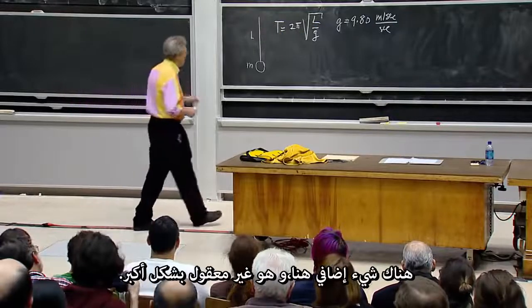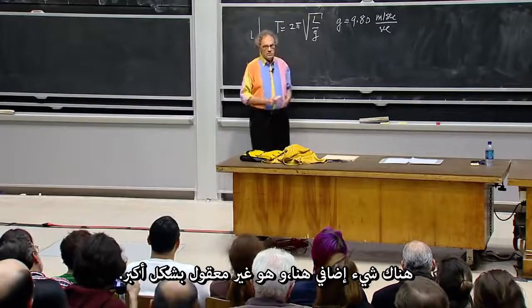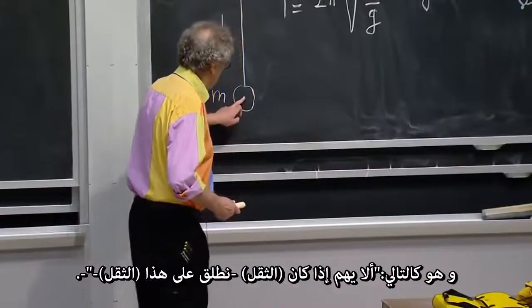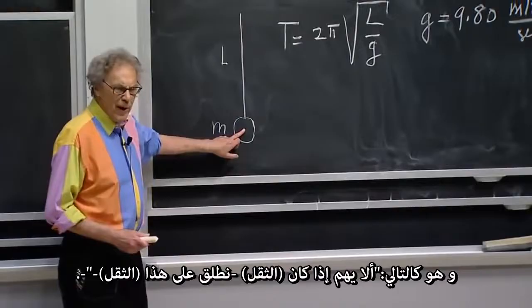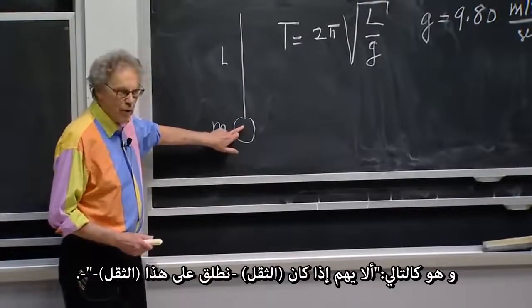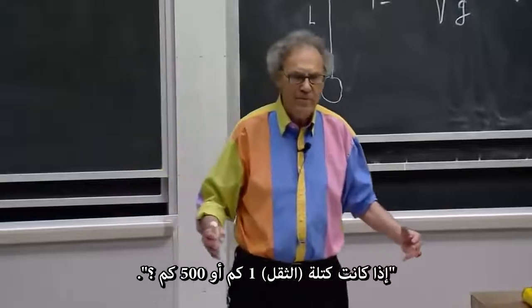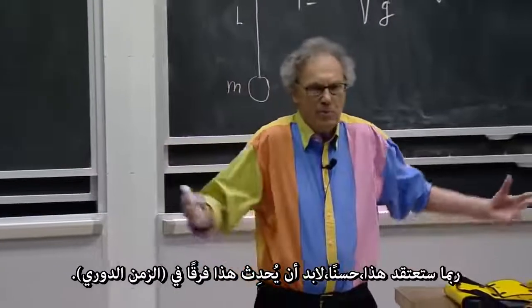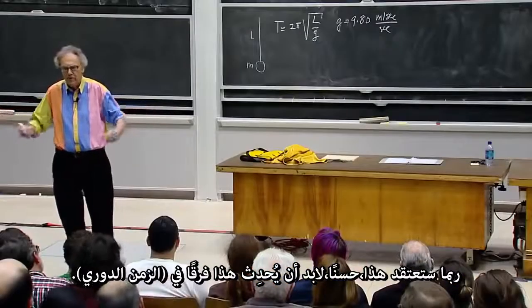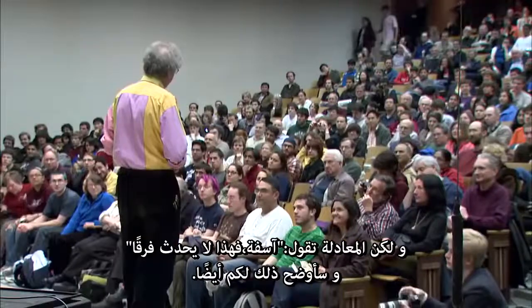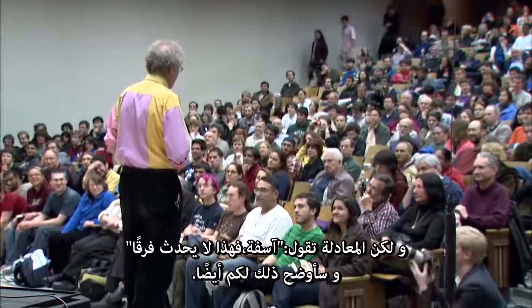There's something else in here which is even more non-intuitive. Doesn't it matter whether the bob, we call this the bob, is 1 kilogram or 500 kilograms? You would think, wow, that must make a difference in the period. But the equation says, sorry, it doesn't. I'm going to demonstrate that to you too.